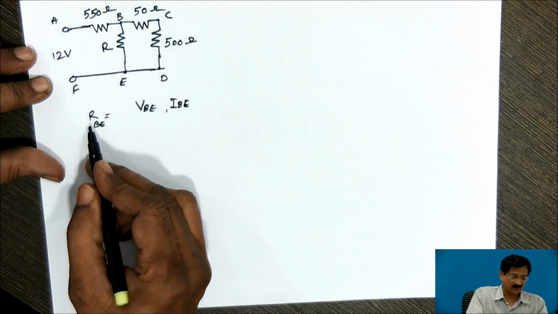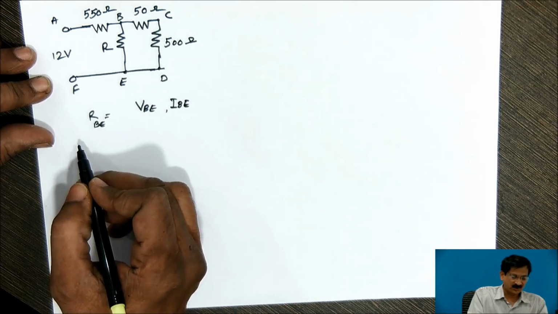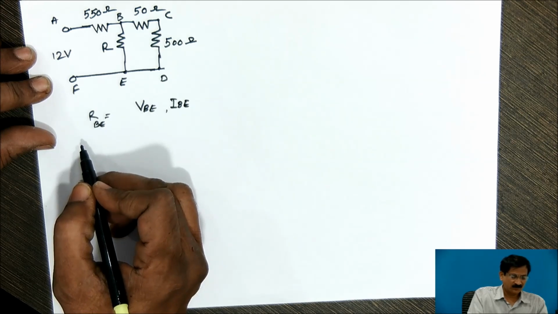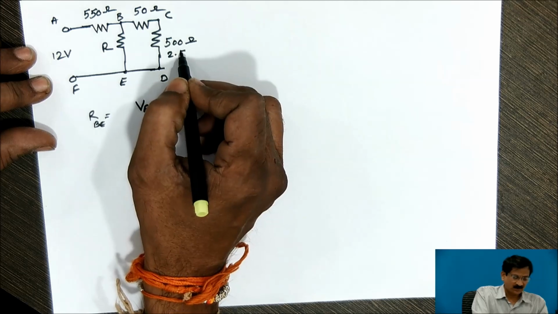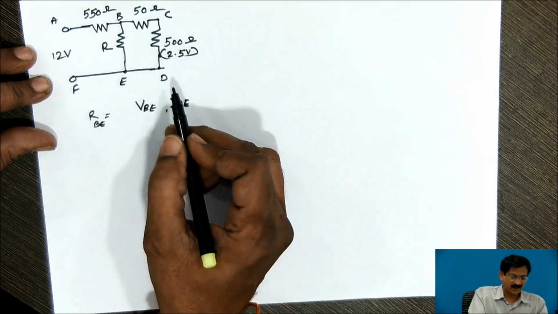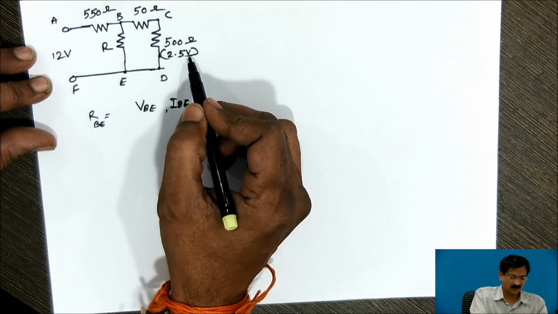Then only we can find out the value of resistance R. Now, as discussed earlier, start solving the network from that branch where more information is given. Here, one more piece of information is given, that the drop across this 500 ohm resistance is 2.5 volts.